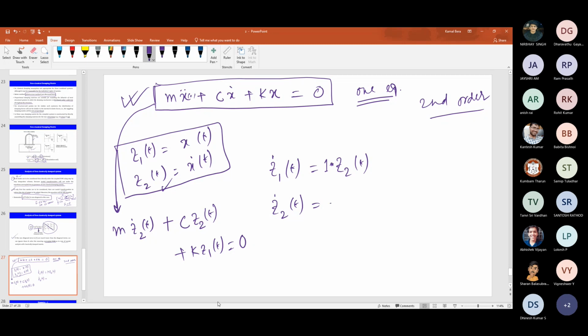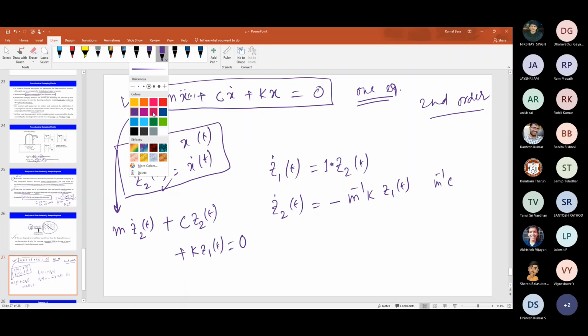Then tell me, what is z2 dot t? z2 dot t will be minus M inverse K z1 t minus M inverse C z2 t. So many mistakes I am making. Anything else? Nothing, right?